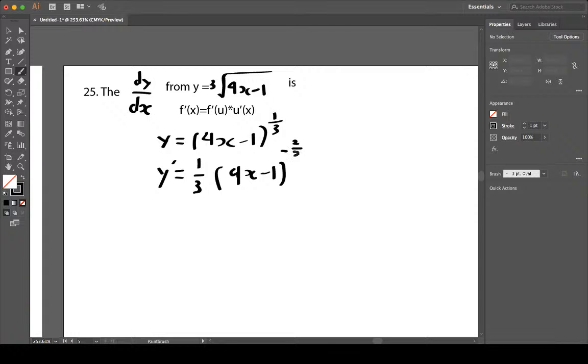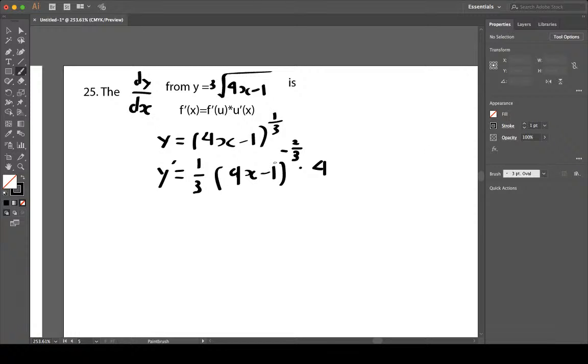Now this is still not complete, because you still need to derive the inside, which in this case is simply 4 times x to the power of 1, which is basically 4. With that, you should have already found the answer, but it's a bit complicated to look at from here.